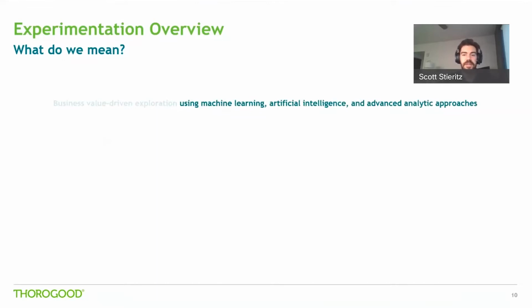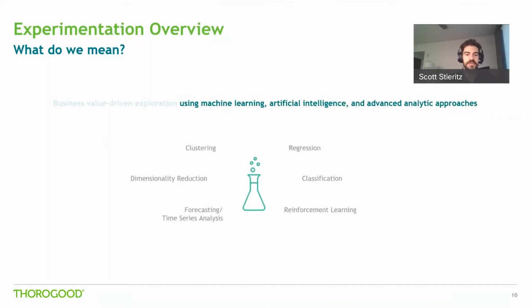ML and AI and advanced analytics approaches. We could probably spend an entire webcast just talking about some of these approaches and their implementation. But I figured I'd throw a quick summary on the screen of some common groupings of approaches, things like regression or classification or clustering or time series analysis that are commonly applied to these questions.